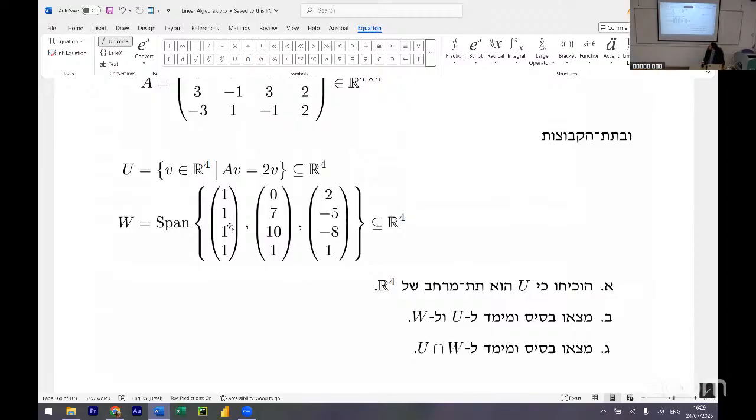We say this is the interface, these are the properties that need to hold, and once you put your problem within a certain design pattern, then you solve it automatically because you know how to use the library. So we had a W here, which is a span. If we understand it's the column space of a matrix, then we are able to solve it. And in U, we found out it's a null space of a matrix, and that's why we were able to solve it easily.